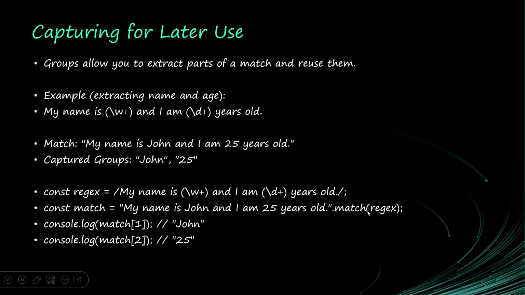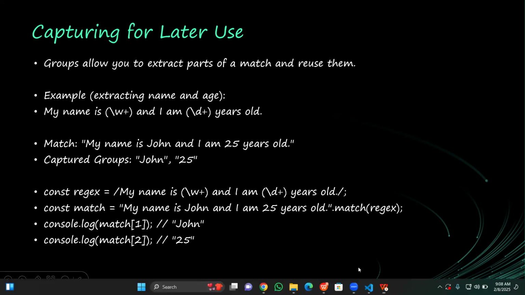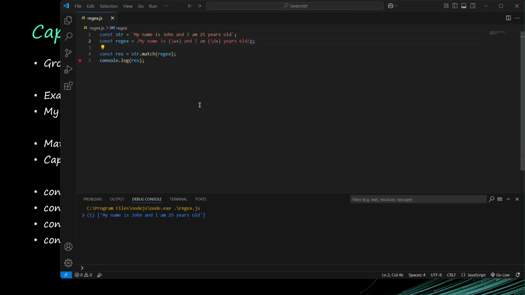There's something I'm expecting. Maybe my syntax is wrong. Let me remove this flag. Aha, this is what I was expecting. It's because of the flag that I have there. Sorry about that. So it says this is the regular expression and this is the groups. You can see I got John and 25 as the groups.